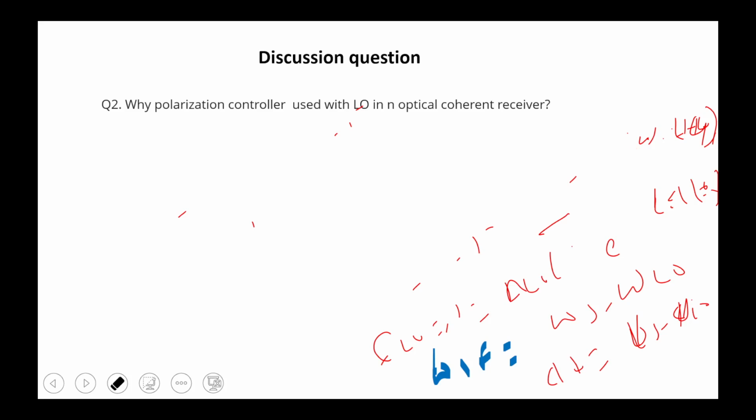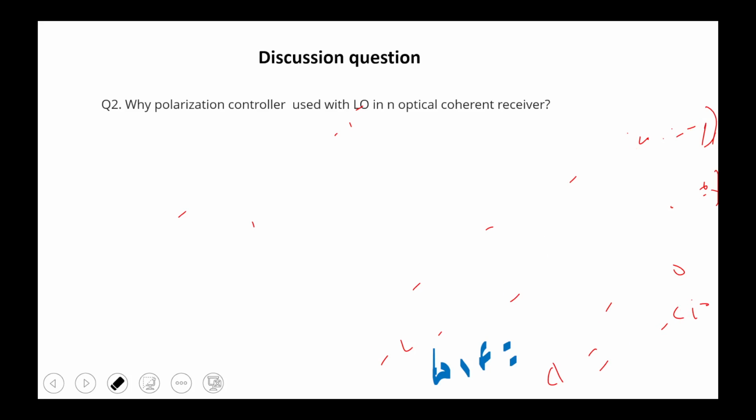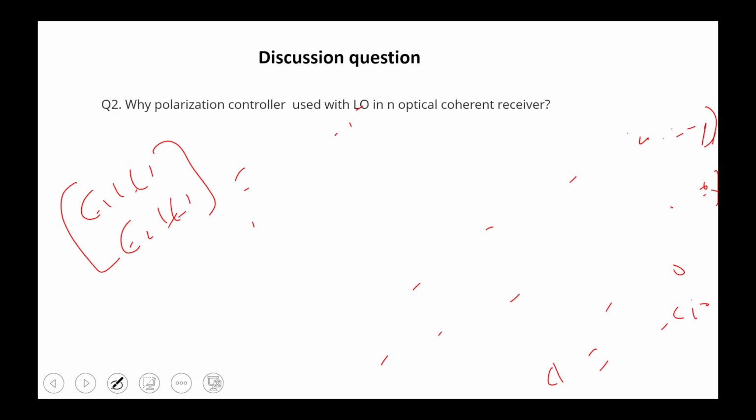So if we take that matrix, now you have to define how to calculate E1, I1 and I2. You have to understand from this diagram also. So one signal E1(t) comes after the 2 into 2 coupler, and one comes to E2 after the coupler. That should become 1 upon root 2 matrix, 1, j, where j is the change in the phase, the imaginary component, and j and 1.